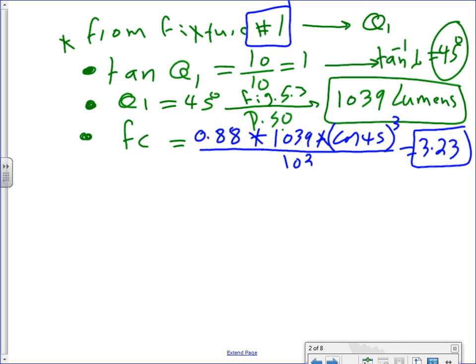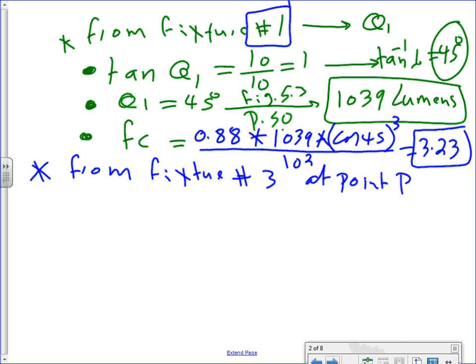Now the last contribution that we need to do, I want to call it here, from fixture number 3 at point B, guys.